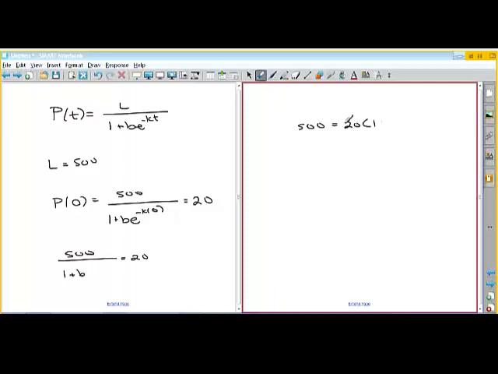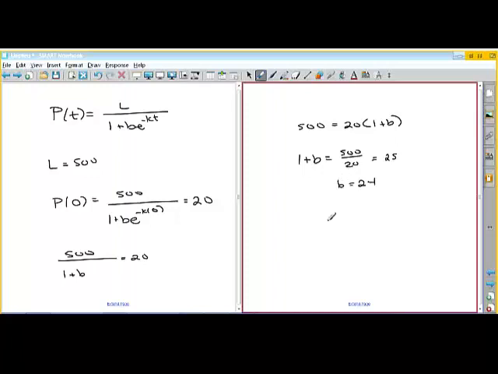So we multiply both sides by 1 plus B, multiply it out. Actually, no, we don't multiply it out. We can just divide by 20. So we get 1 plus B equals 500 divided by 20, which is 25. 500 divided by 20 is 25.